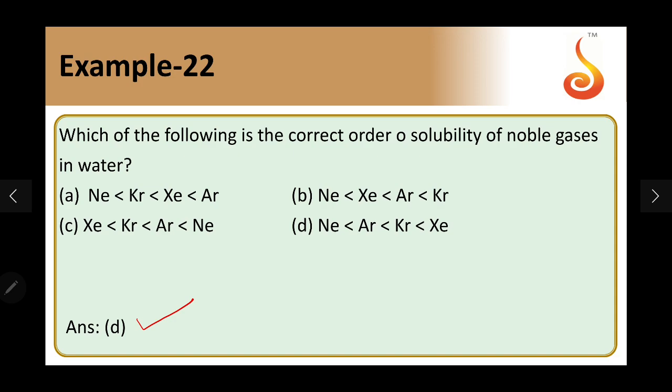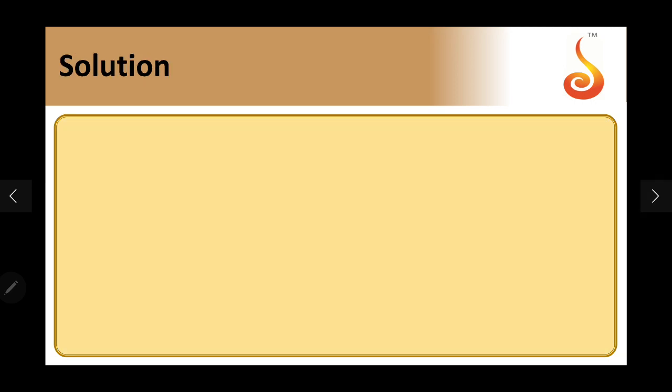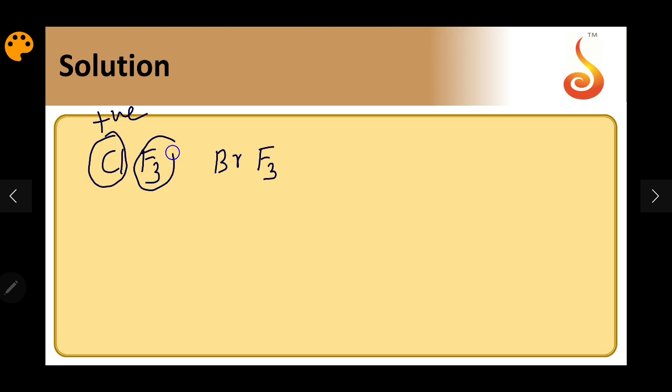Conceptual question 23. For an interhalogen compound XX'3, the correct statement is. Let us see what exactly an interhalogen compound is. Normally, taking examples like ClF3 and BrF3, the first halogen is in a positive oxidation number and the second halogen is in a negative oxidation number, cation and anion.